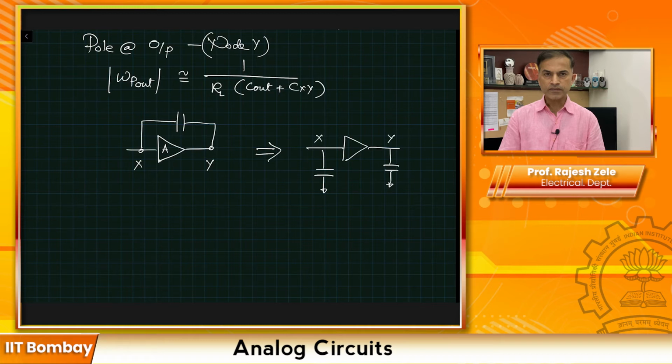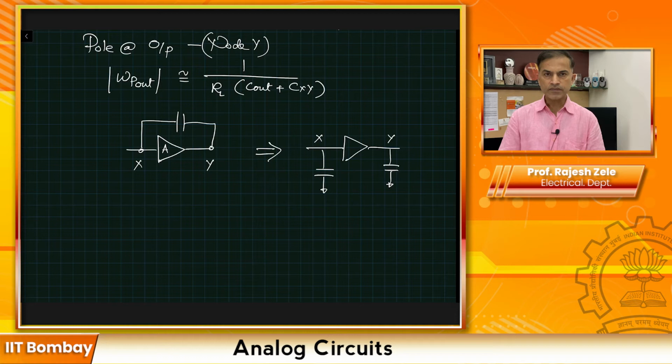I also showed you that when we have a capacitance connected from one node to another node with a gain, that can also give rise to a zero. And that is not being predicted using the Miller effect. So I showed you a technique which will give you a zero frequency.